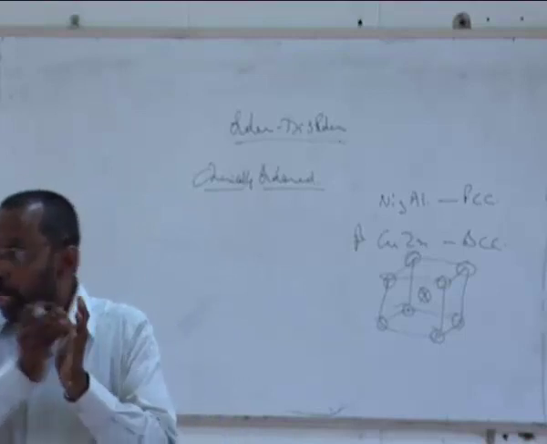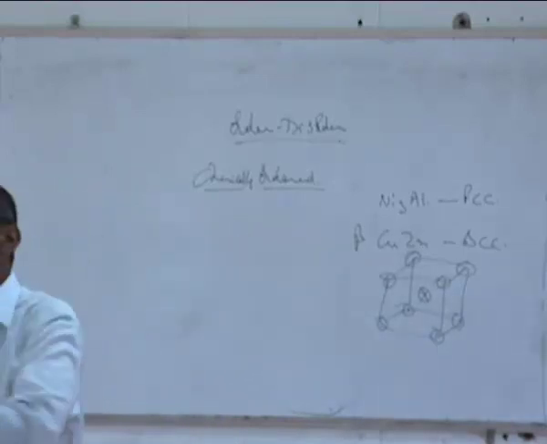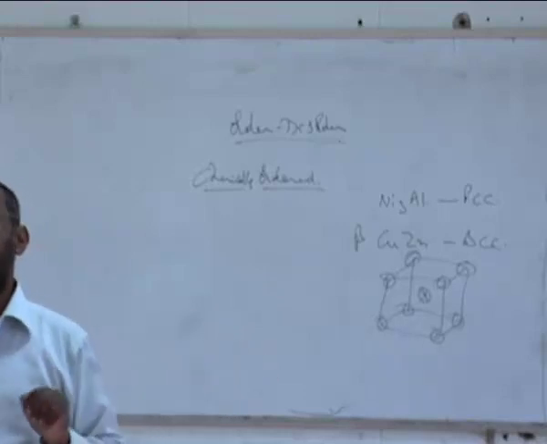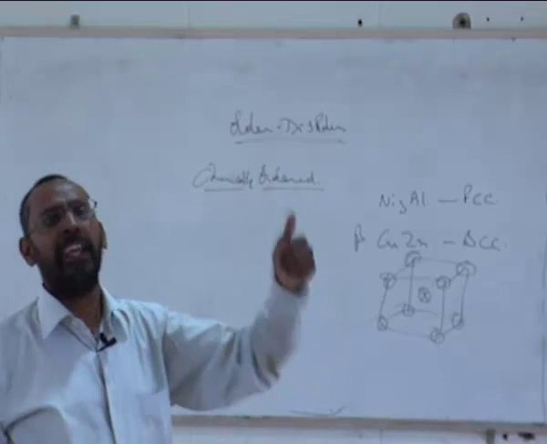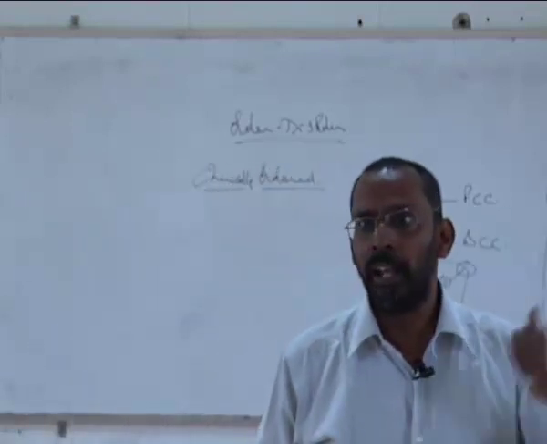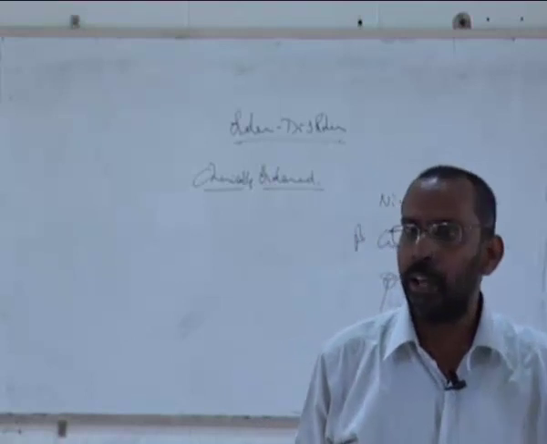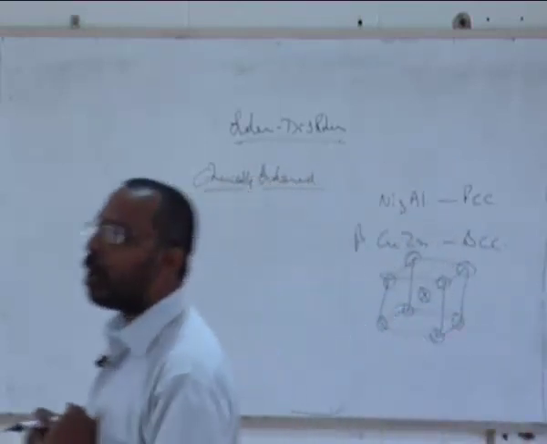If I look at all the unit cells inside the material, if every body center is occupied only by zinc atoms, and all the body corners are occupied only by copper atoms, then I call it a chemically ordered structure, and these are called ordered compounds.